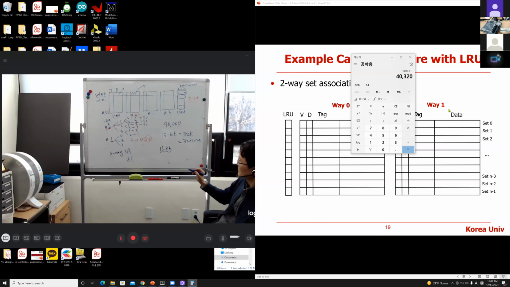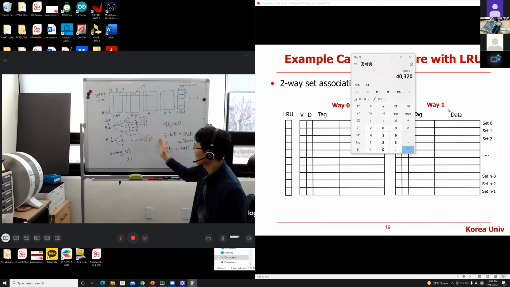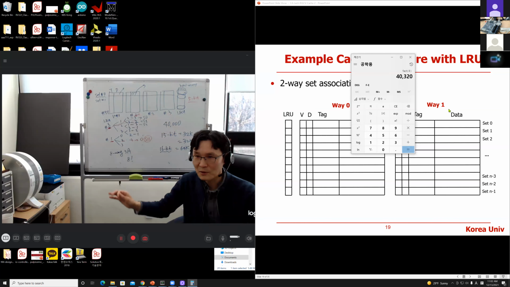So that is 64K. And then the finite state machine, FSM, is going to have that many states. 40,000 different states you have to draw, from state 0, depending on access pattern, go to S11, too many lines, right?